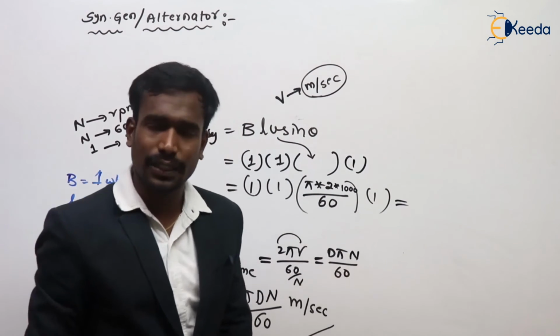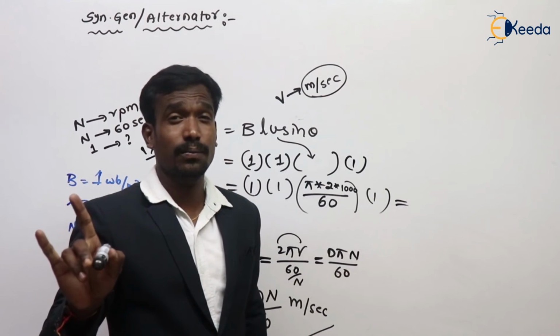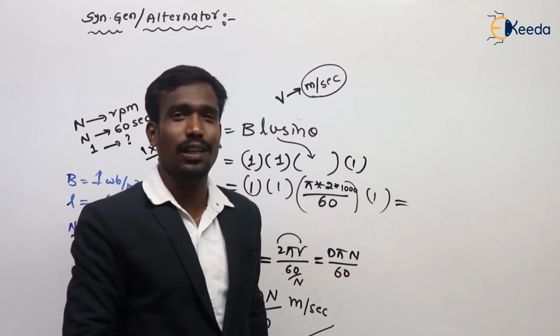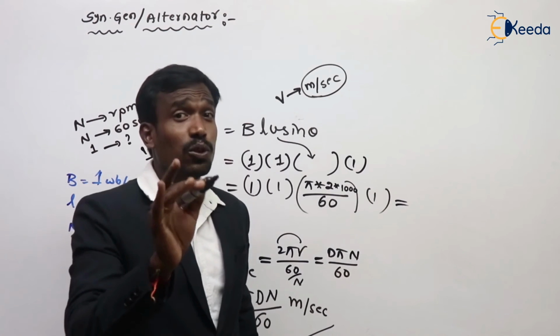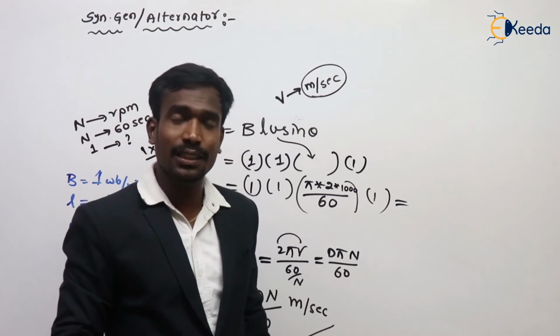This is the 100% correct answer. So don't be in a hurry. Listen to or read the question carefully. Analyze the formula carefully. Substitute the values carefully. Calculate carefully. Then give the answer.